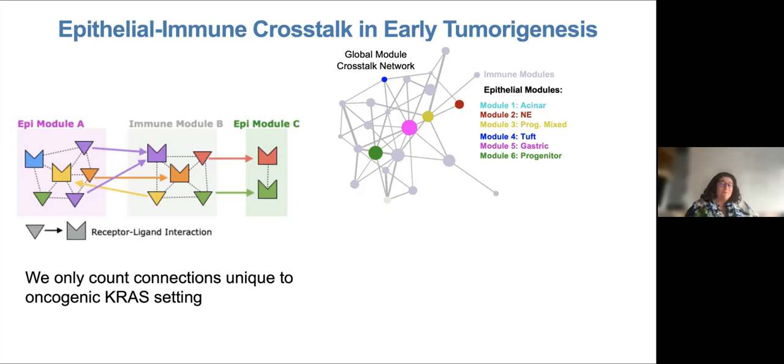But the most important thing we did here, from my perspective, is we said, we're only going to count a link if it's unique to the oncogenic KRAS setting. If this link absolutely doesn't exist in the wild type, and this is a new type of communication that's only enabled in the mutant KRAS setting.